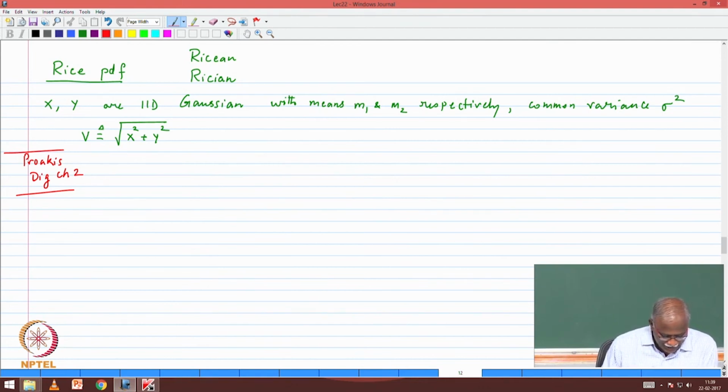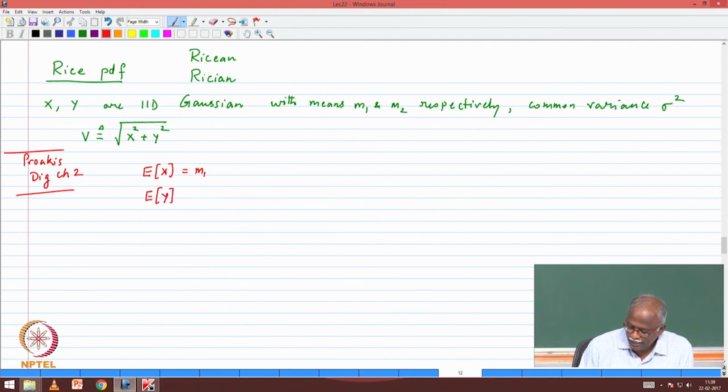So here are the important aspects of the description and the process that is given for us in Proakis. The expected value of x is equal to m1. It's no longer 0. The expected value of y is equal to m2.